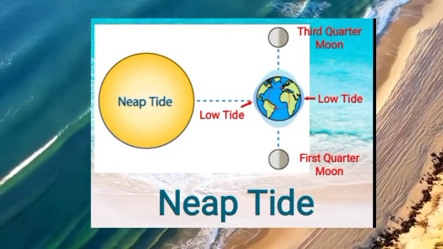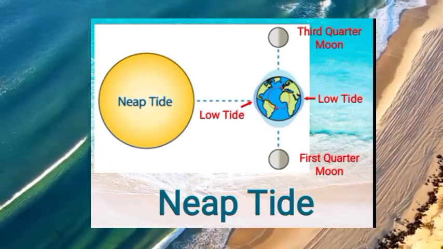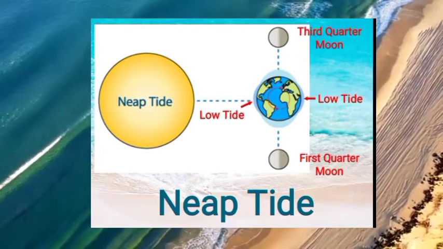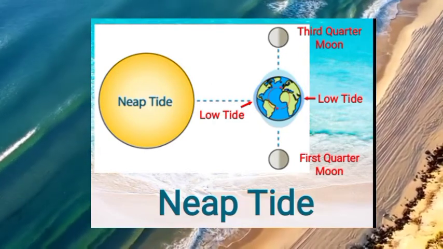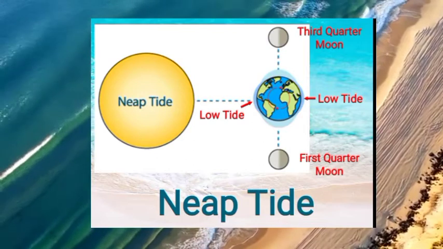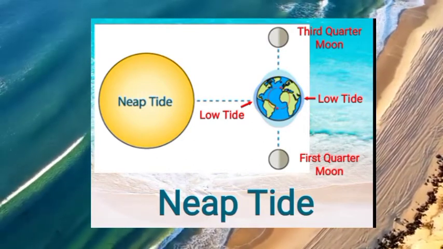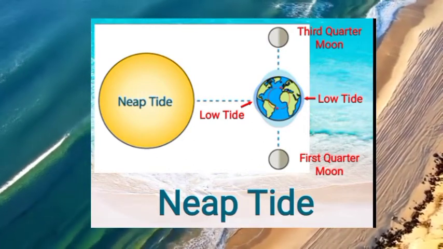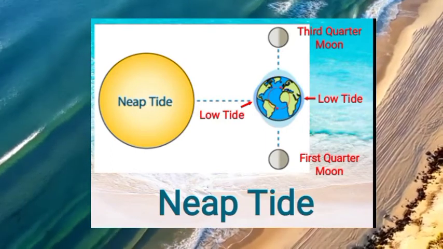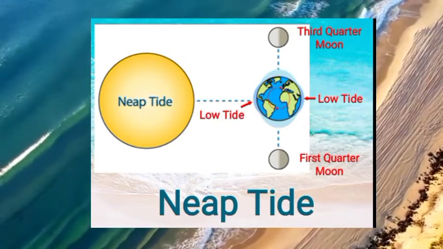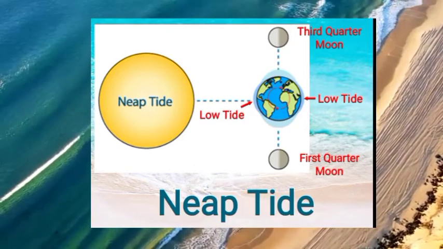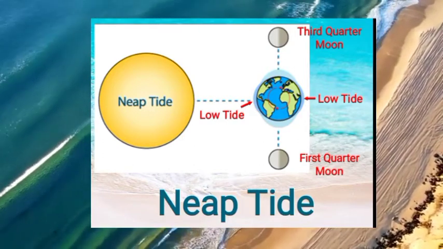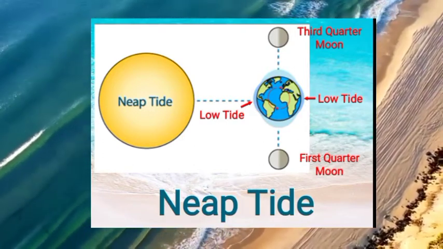During neap tide, the low tides can be found on the perpendicular from the moon. So the low tides occur at the places of the Earth where it is very far from the moon. In this case, on the sides.